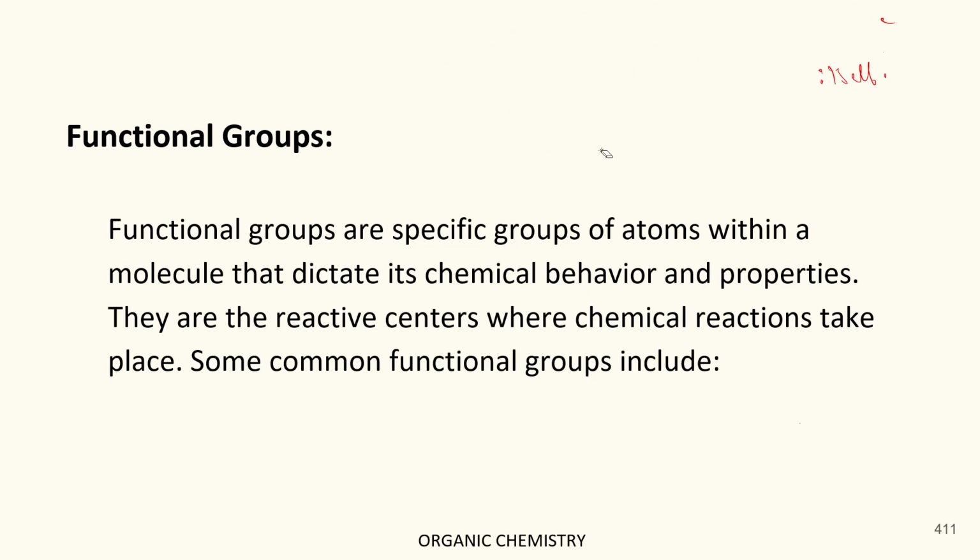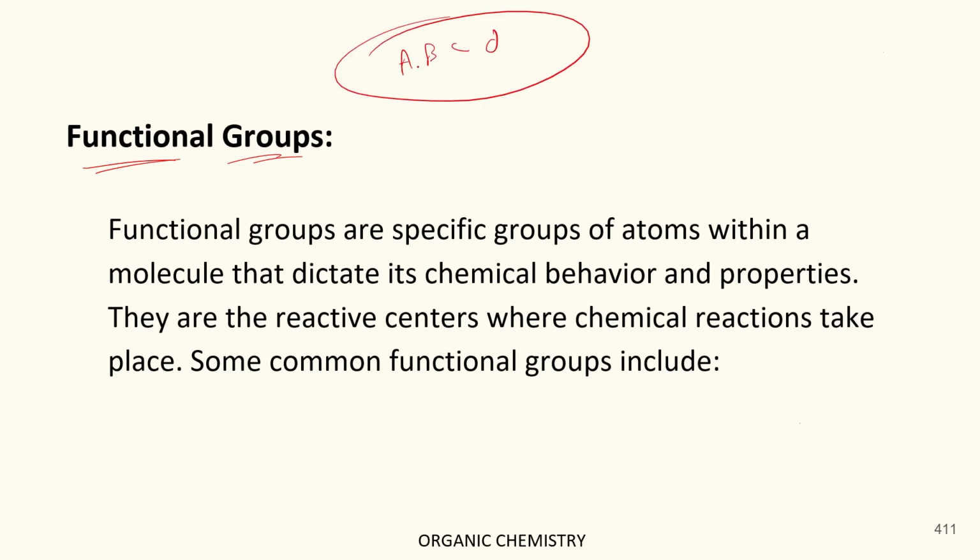Okay, now let's come to the functional group. What do you mean by the functional group? Basically, functional groups are specific groups of atoms within a molecule that dictate chemical behavior and properties. Suppose this is a molecule made up of 4 atoms.